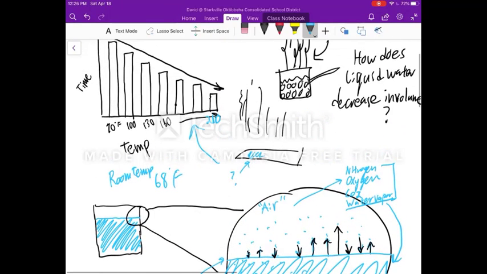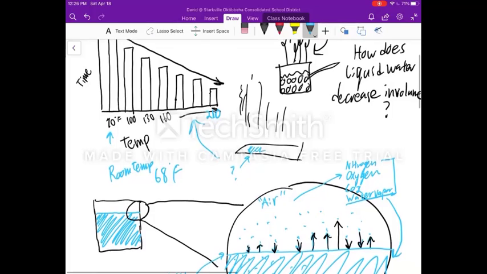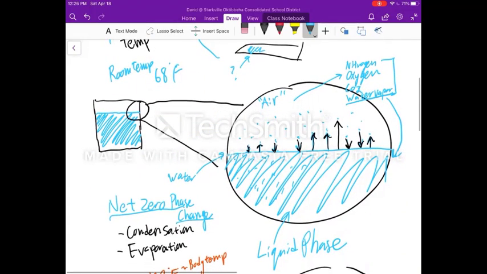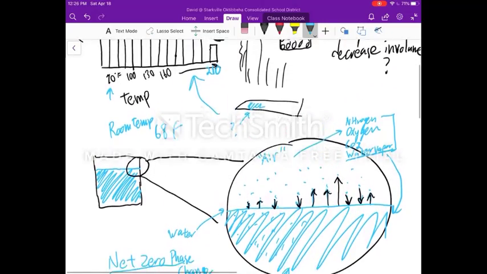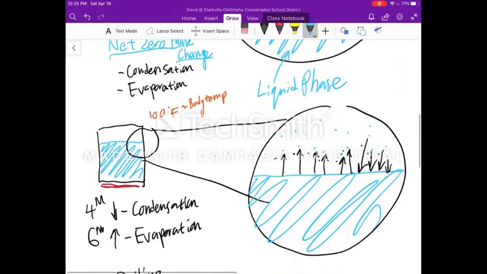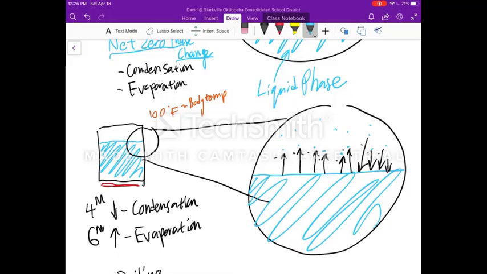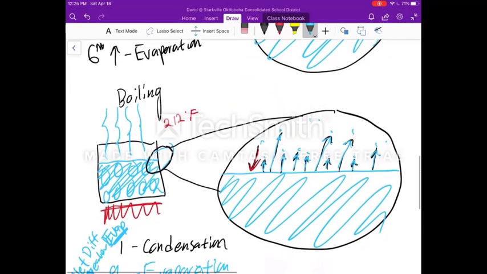But at room temperature, we see that there's still condensation and evaporation. Evaporation is happening and condensation is happening. But when we look at higher temperatures, we see that there's more evaporation than condensation, and so we see that there's a net change.